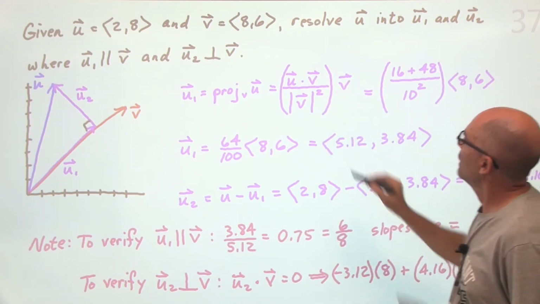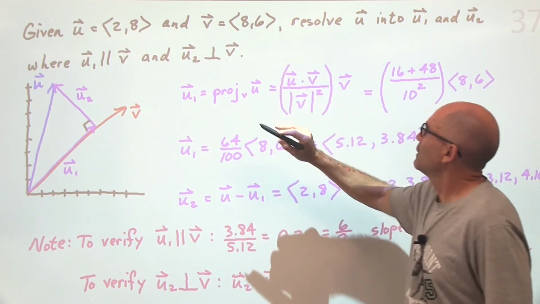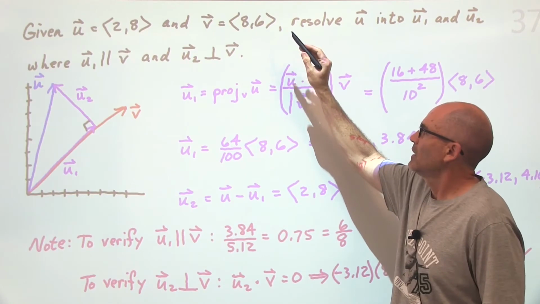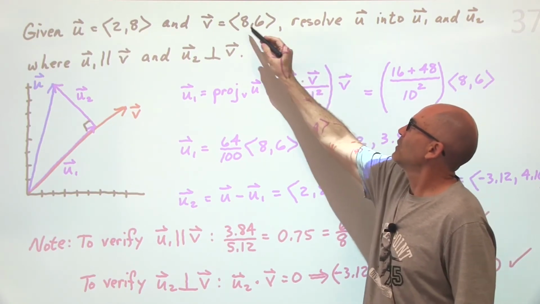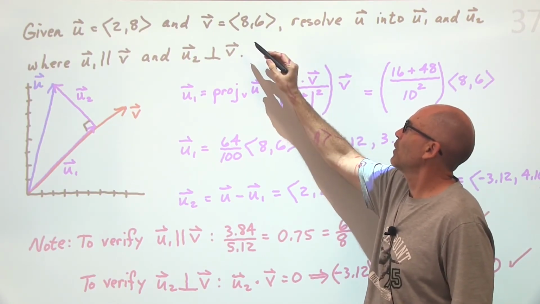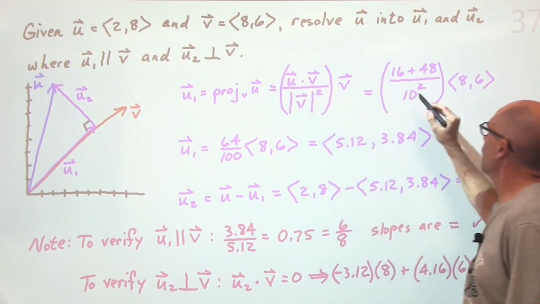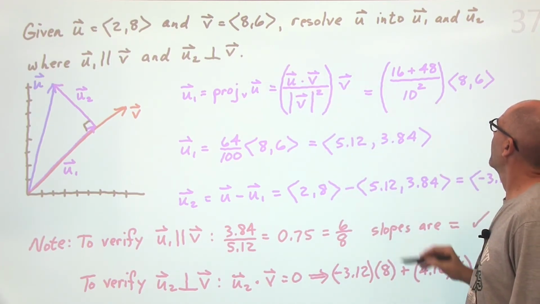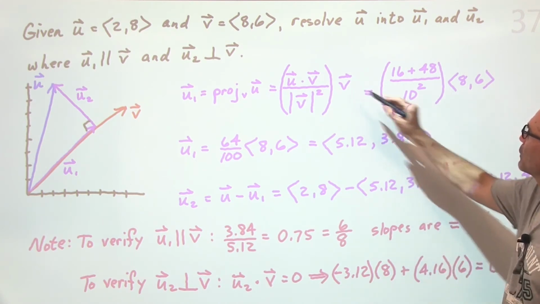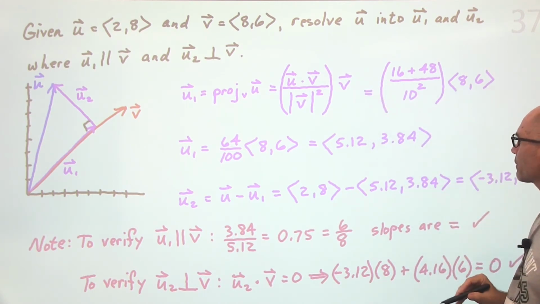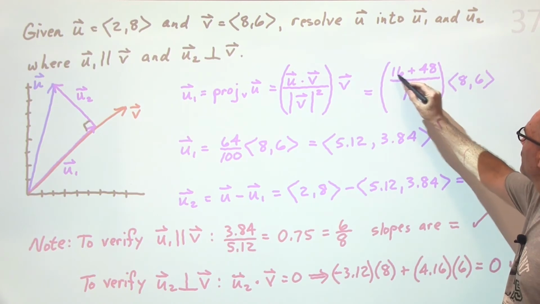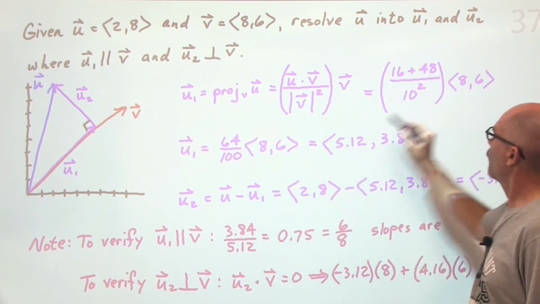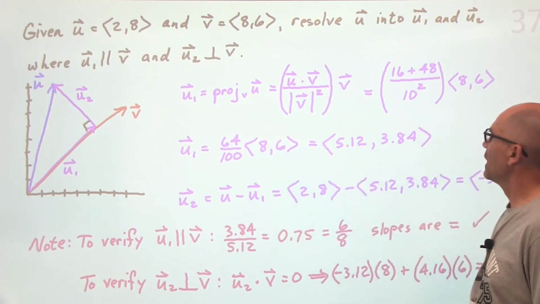Well, v is 8, 6, so the magnitude is 8 squared plus 6 squared, take the square root of the whole thing. 64 plus 36 is 100. Square root of 100 is 10. 10 squared is the magnitude of v squared. Times vector v, which is 8, 6. So 16 plus 48, 64 over 100 times 8, 6.